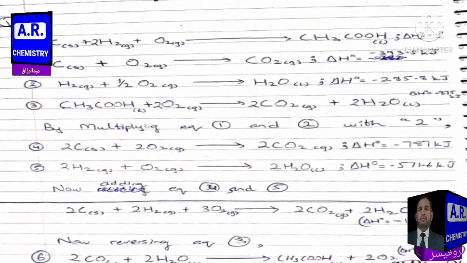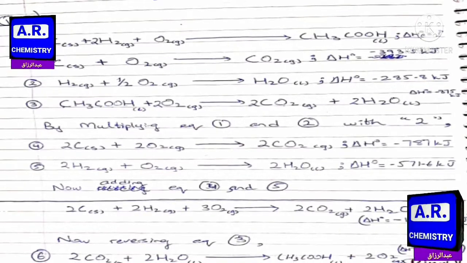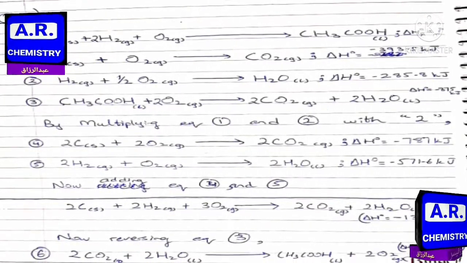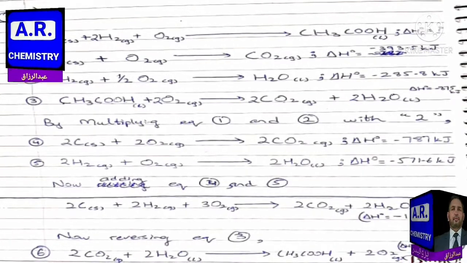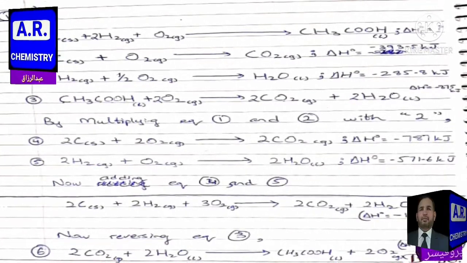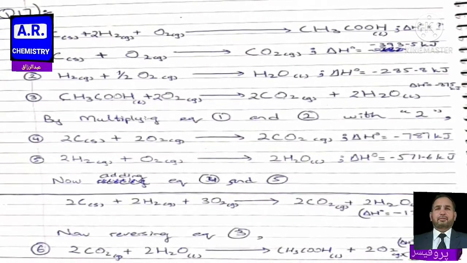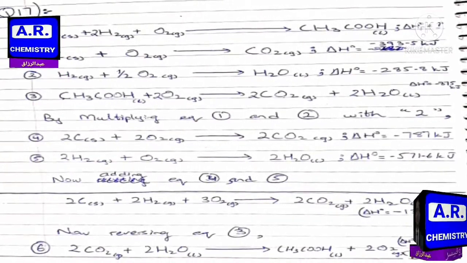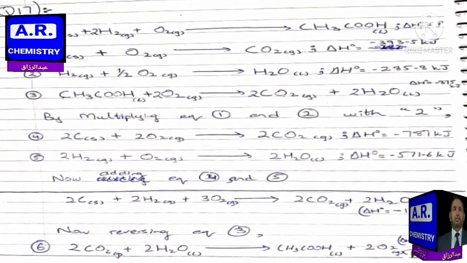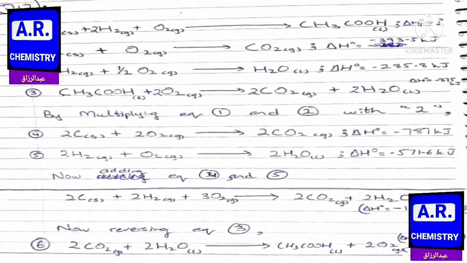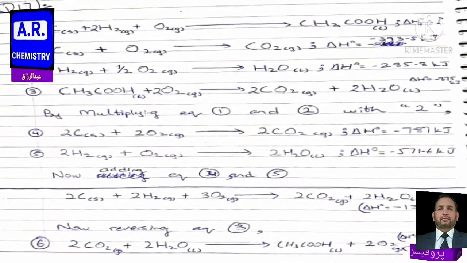So acetic acid plus O2 gives carbon dioxide and water. 2 moles of carbon dioxide and 2 moles of water are produced as the product after the combustion of acetic acid. You are to balance these equations, and then you are to write their combustion values also, energy or heat values also.